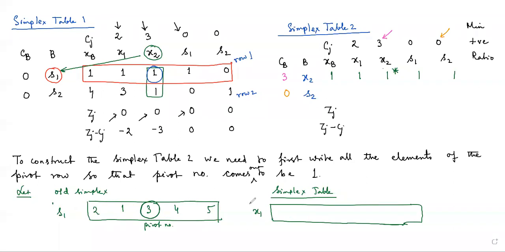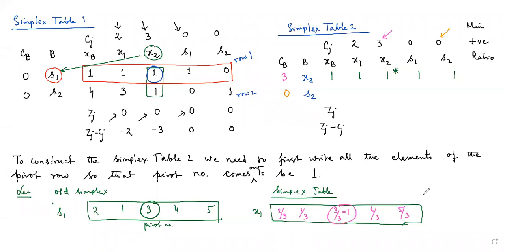So to write the elements of this row, we need to divide the row by 3 itself, so that 3 by 3 becomes 1. So we'll write 2 by 3, 3 by 3, that is 1, 4 by 3, and 5 by 3. We need to make this position 1.